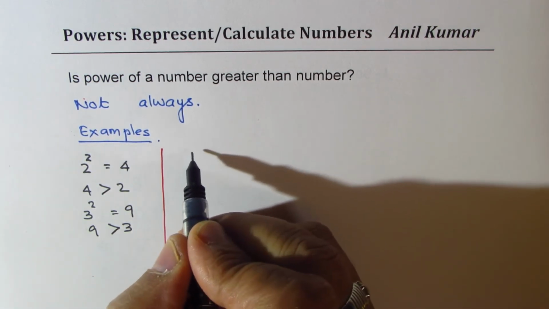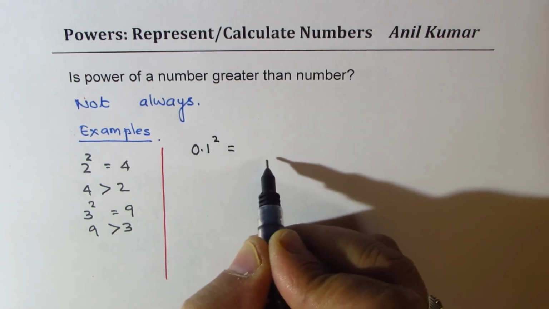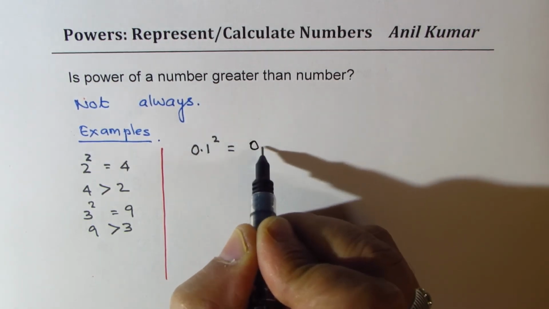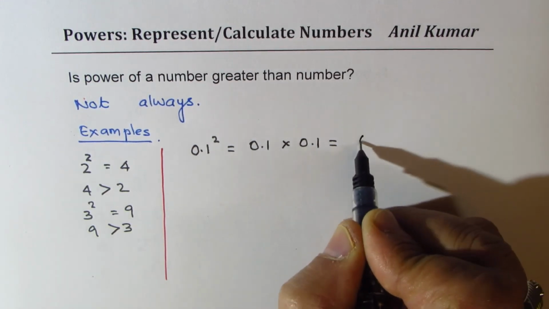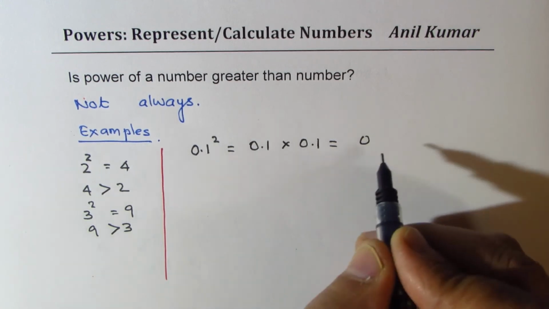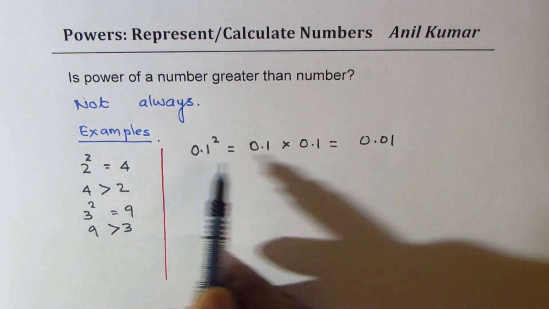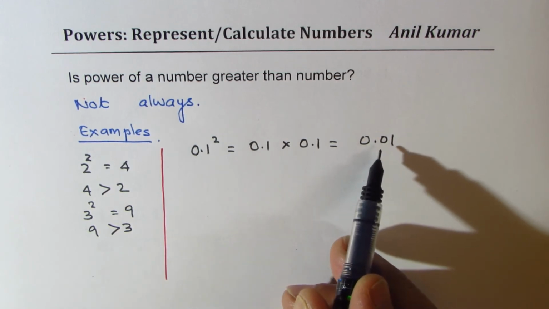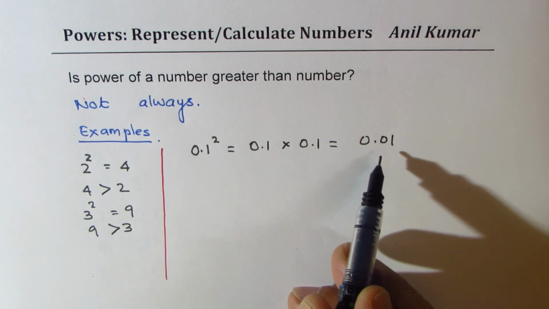If I write the decimal number 0.1 squared, then what is it? It is 0.1 times 0.1, and if you multiply, you actually get 1 after 2 decimal places. It is 0.01, correct? Now what do you notice here? You notice that the power is not greater.